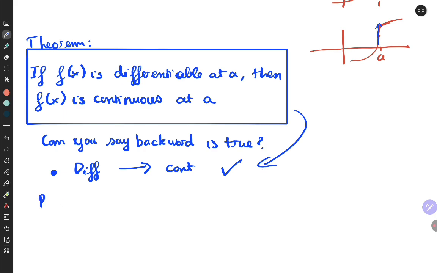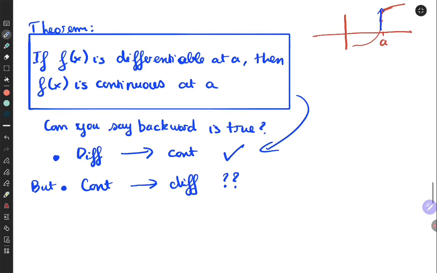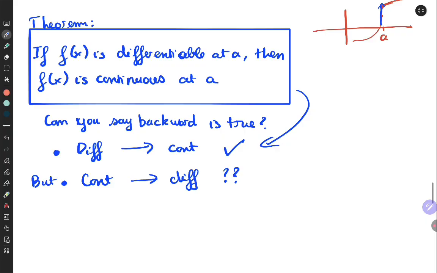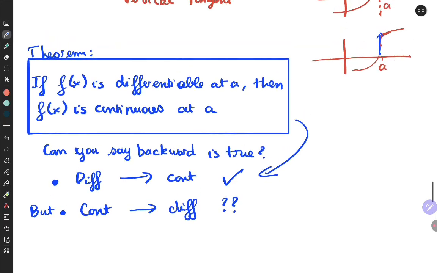But continuous, does it guarantee that function is differentiable? Yes or no? No, right? Because I just show you.